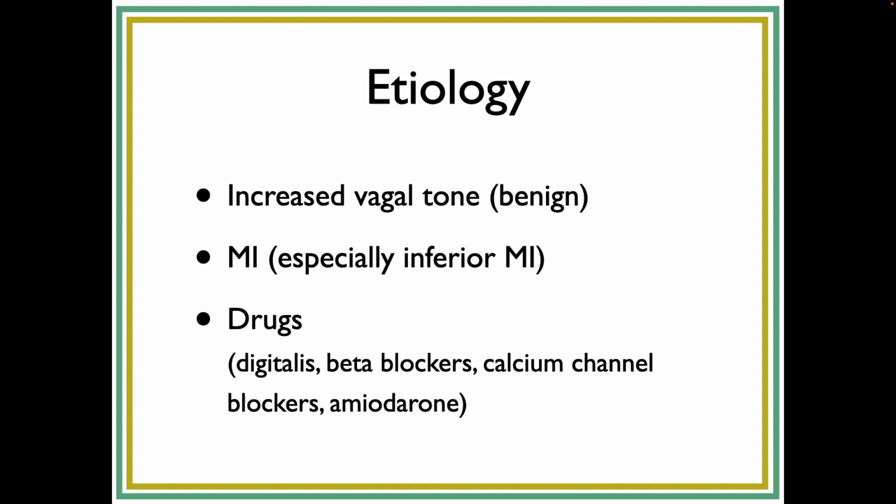It typically will go away. It may happen while the person is having an inferior MI, so that's certainly serious, but it doesn't necessarily mean it's permanent. The only time second degree type 1 becomes serious is if that pause makes it so slow that it becomes a truly bradycardic rhythm. But in and of itself, it's not a particularly serious rhythm.